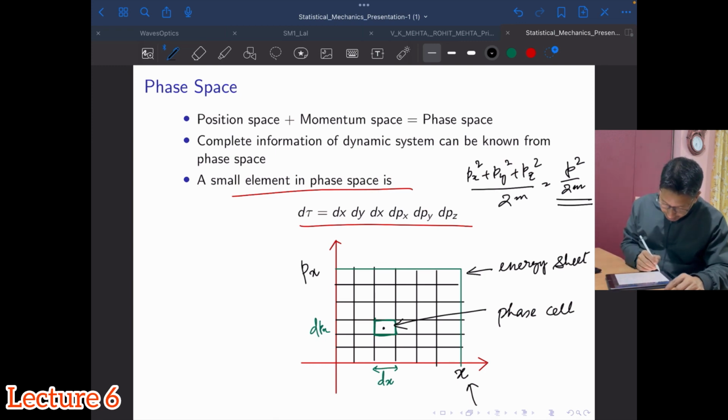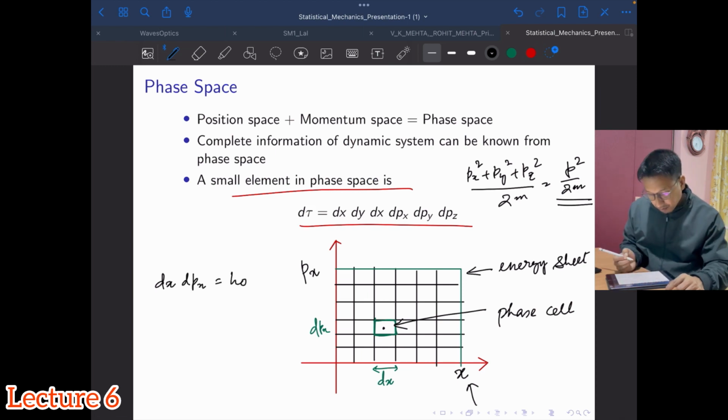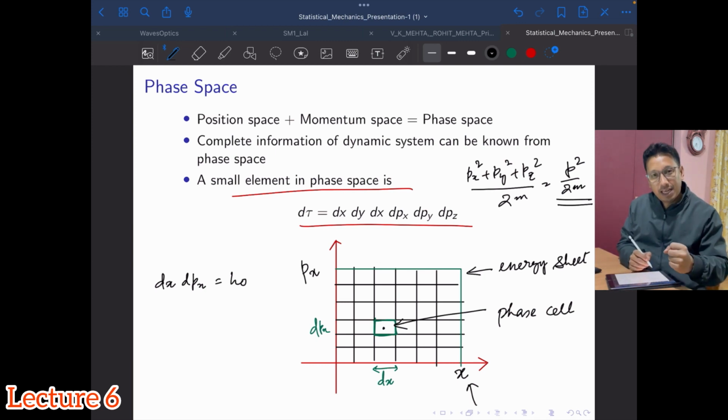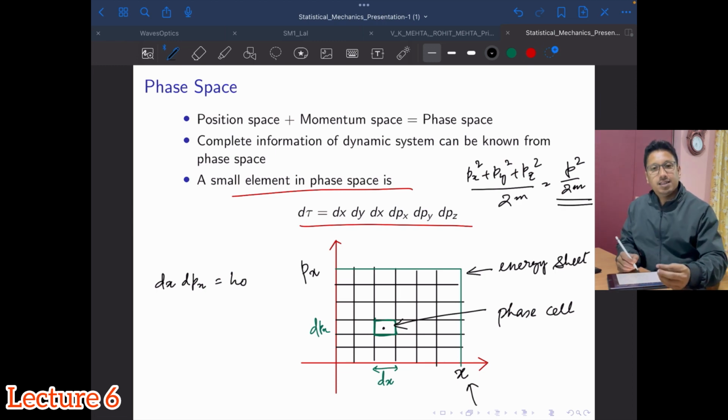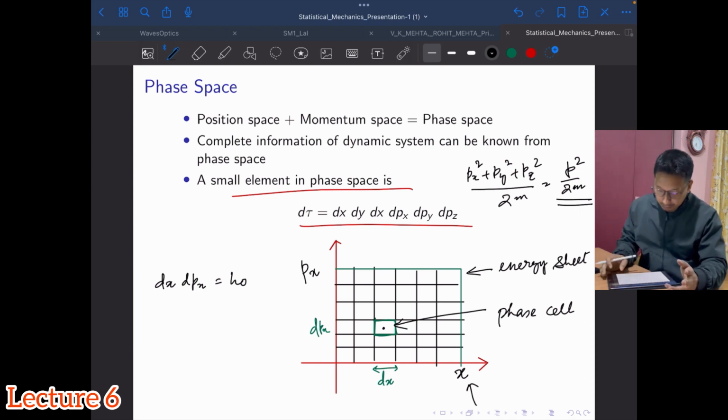So the area of this phase cell, dx dpx, let's say is equal to h naught. From the classical point of view, this h naught can be anything. It can be made so small that if the phase point moves within this cell, there is no instrument to measure any change in the system accurately.